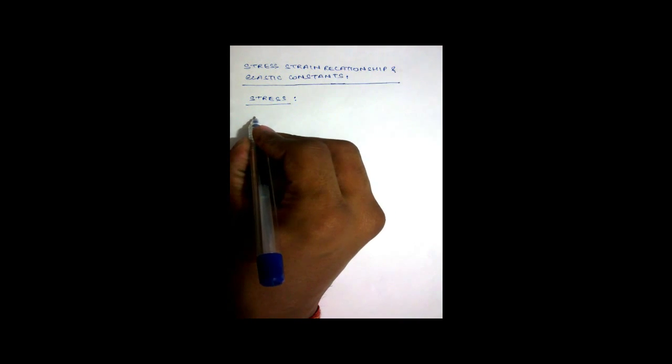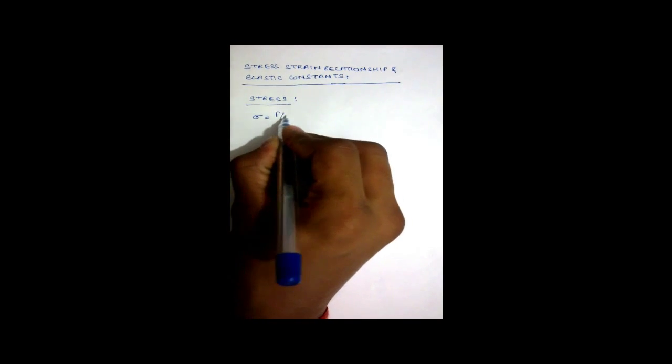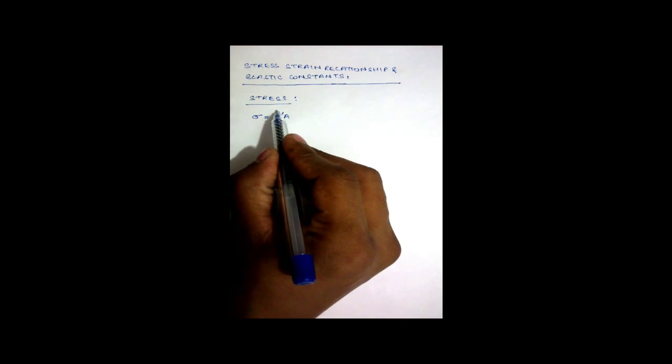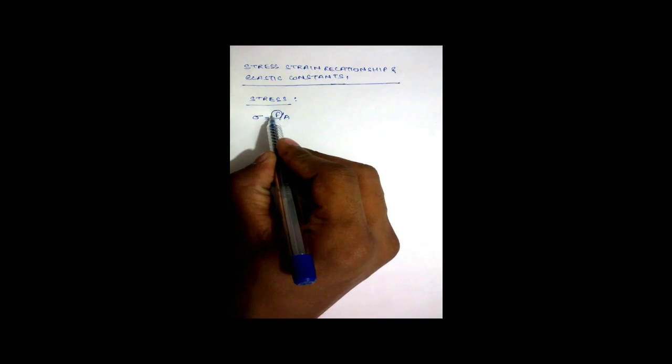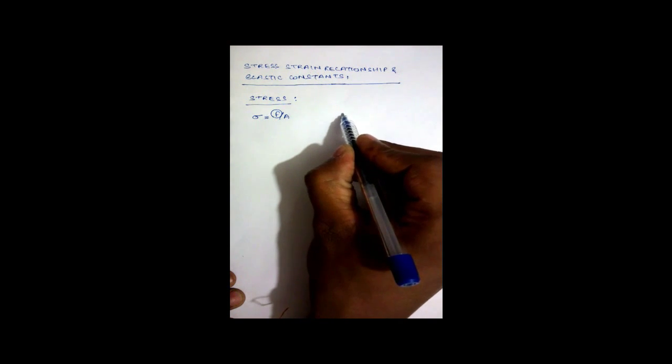Stress can simply be denoted by the symbol sigma and is written as force upon area. It is to be kept in mind that this force is an internal force. We can understand it this way.